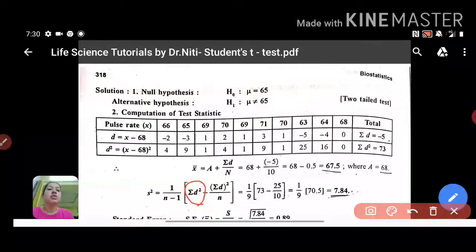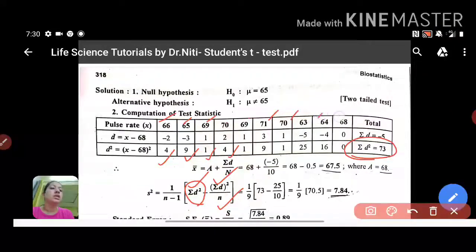Okay, so simply you have to take the square of all the deviations and take the sum of all these, then you will get the summation d square. Now after putting, you have determined this as well as this. And you all know that there are 10 observations, 1 2 3 4 5 6 7 8 9 10.